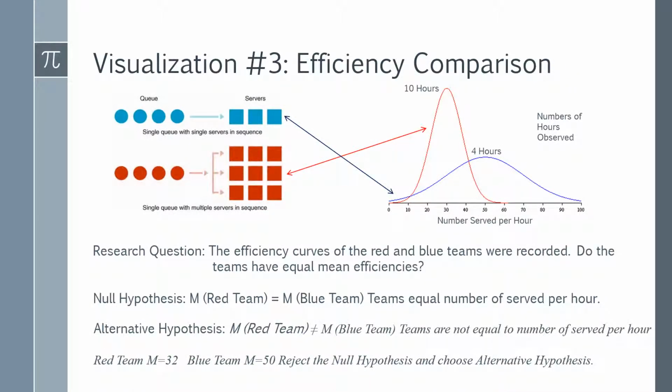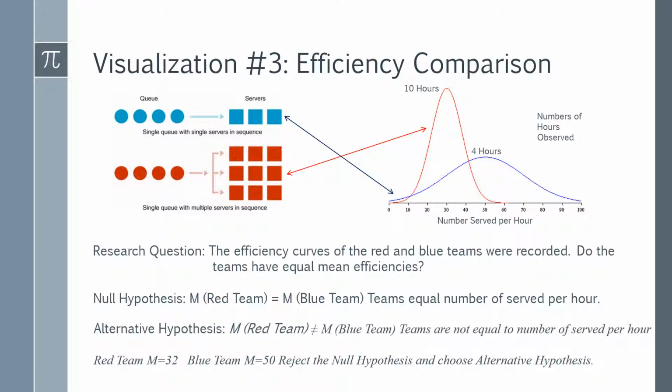So here we have visualization number 3, which is efficiency comparison. Again, we're going to look at two different teams, or efficiency curves of the red team and the blue team, and how many served per hour, and then how many hours they were watched.